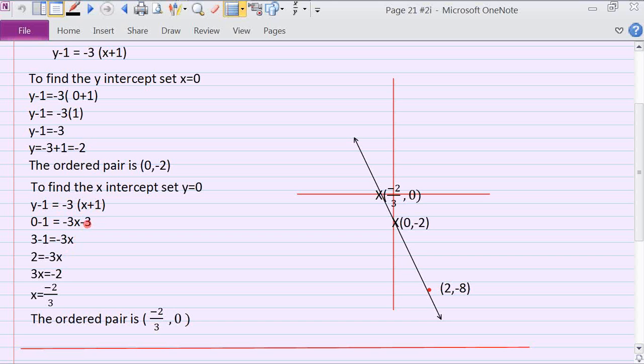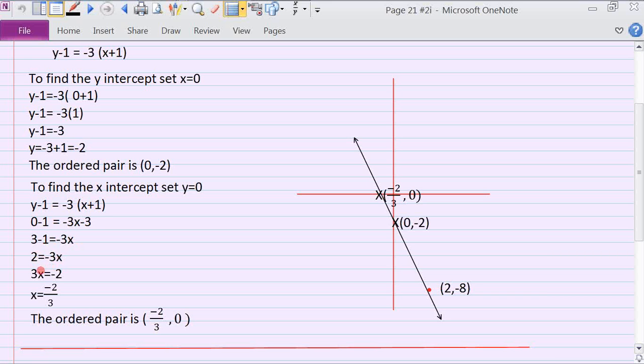So, I'm going to transpose this minus 3 from the right to the left and make it plus 3. So this has been moved from the right to the left, and I make it 3 minus 1 equals minus 3x. This stays the same. So 3 minus 1 is 2 equals minus 3x.